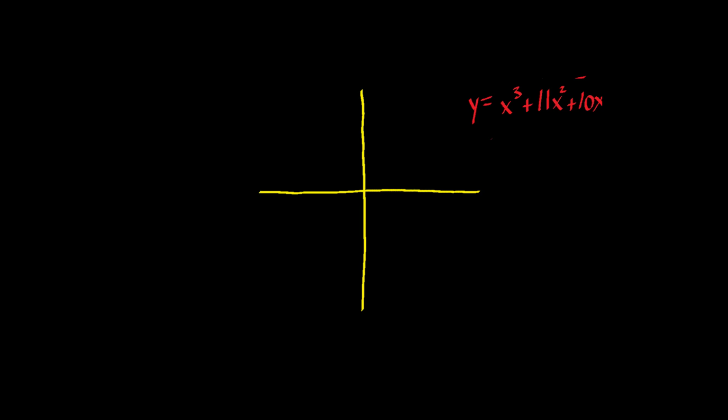And what we found was that it actually had three solutions, because the highest exponent here is a 3, and those solutions were negative 10, so that will be an x-intercept on your graph, negative 1, that will be another intercept on your graph, and 0. Okay, so a rough sketch is kind of like it goes up here, goes really high up, comes back down, comes around, and goes up forever.